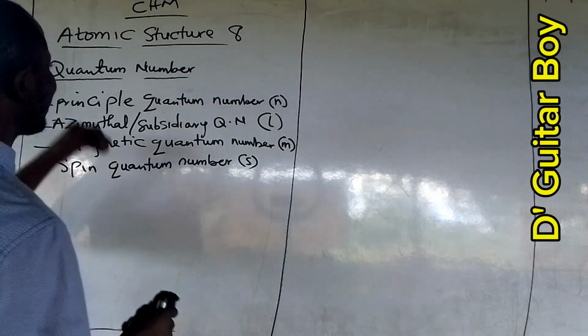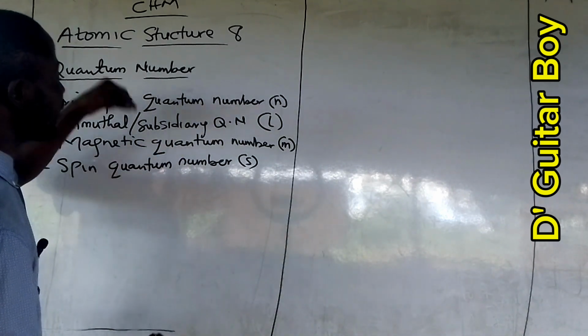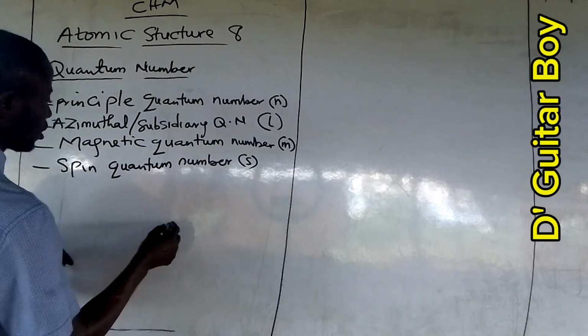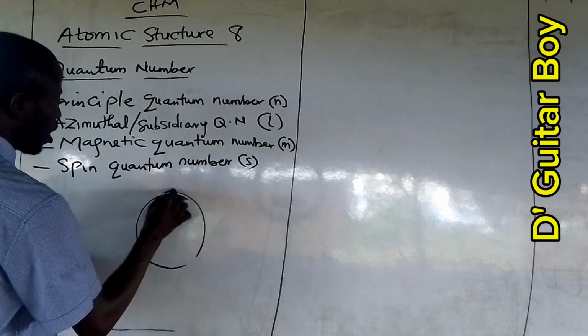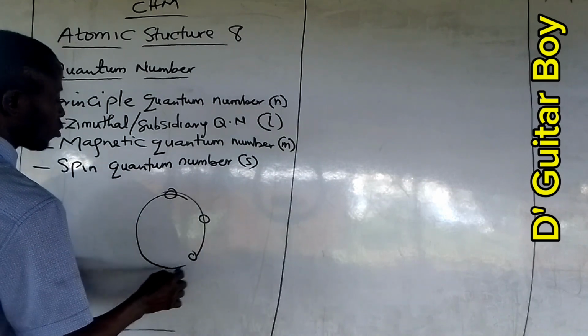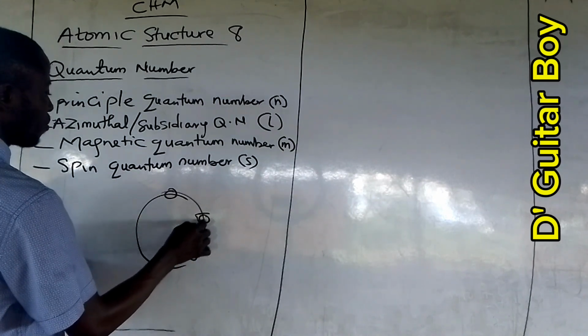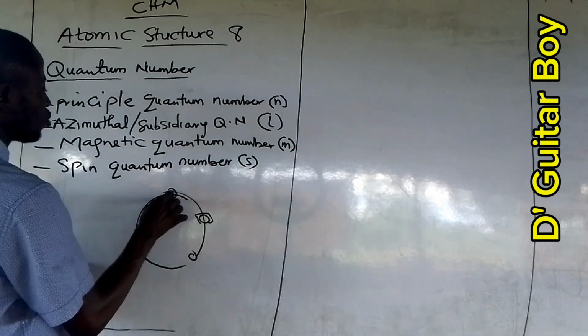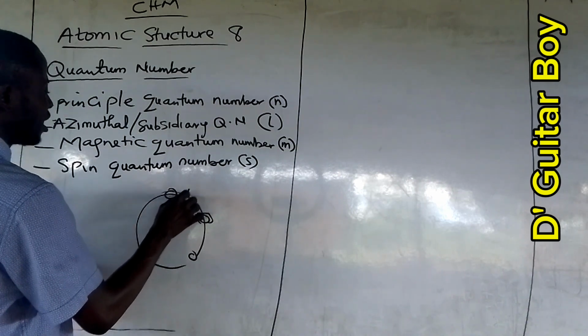So, to know the energy of an electron, even in a given principal quantum number, such as this shell, maybe you have 2 electrons here, you have 3 electrons, maybe this is one orbital. To know the energy of electrons, you will not just use this energy level alone.